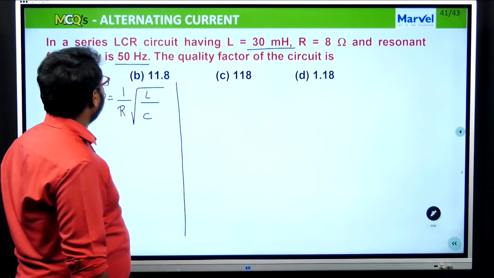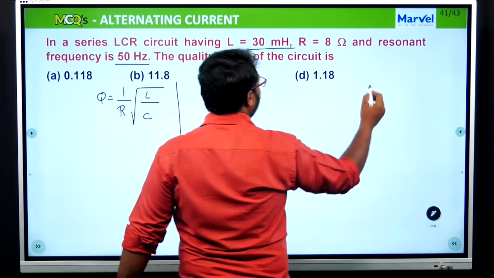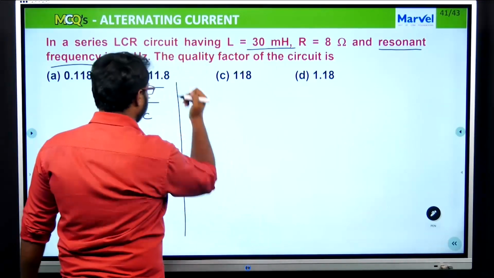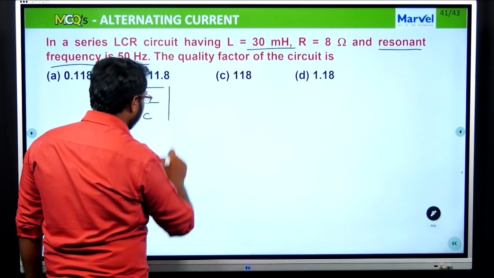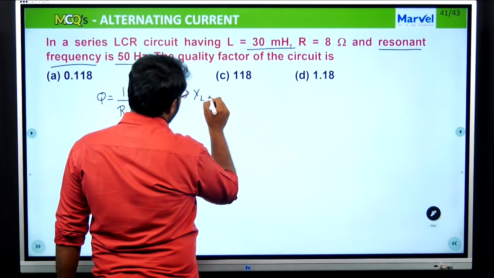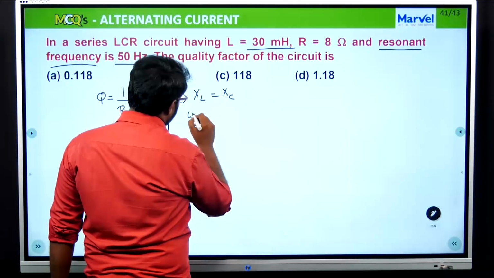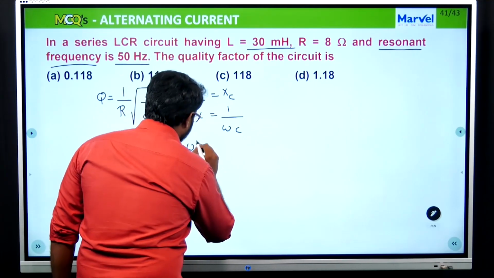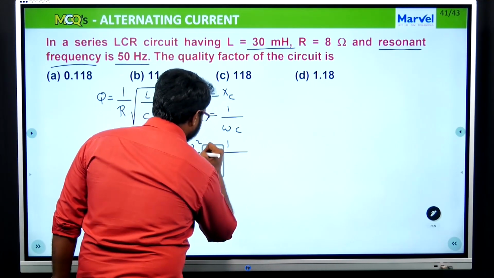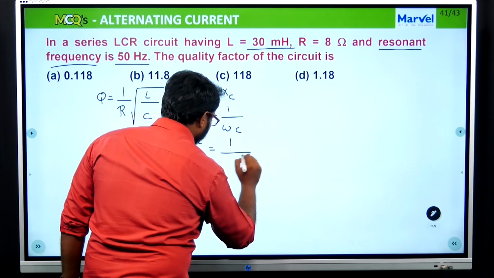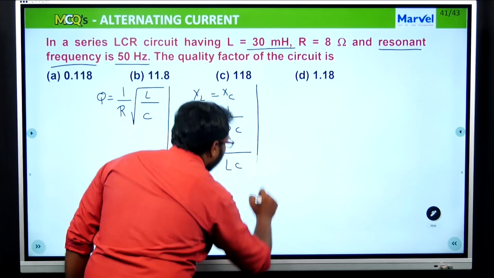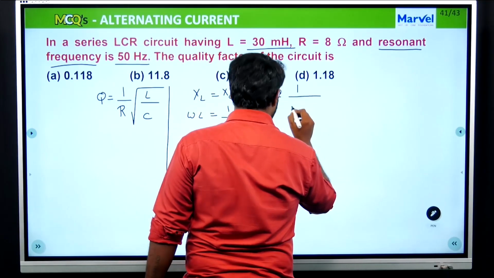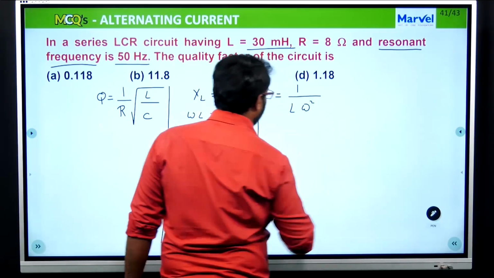It has been said that it has a resonating frequency, so I know that XL equals XC. So omega L equals 1 by omega C. So omega squared is equal to 1 by LC, and C is equal to 1 by L into omega squared.